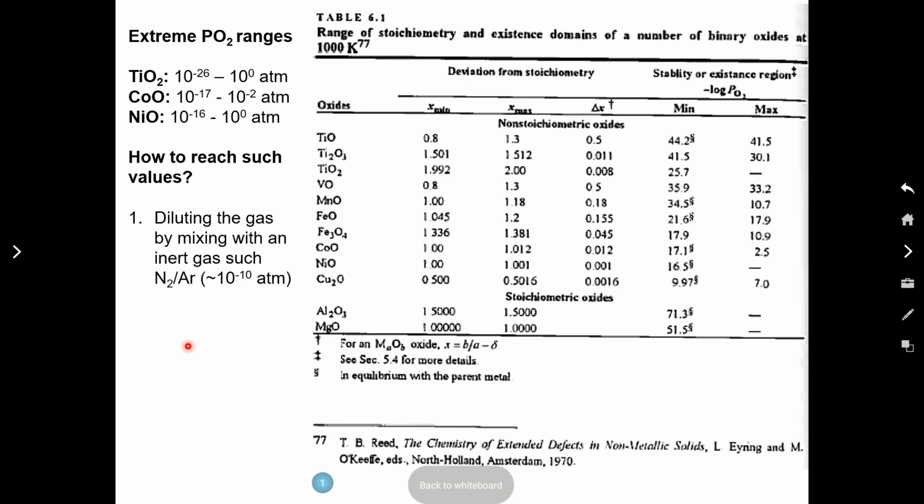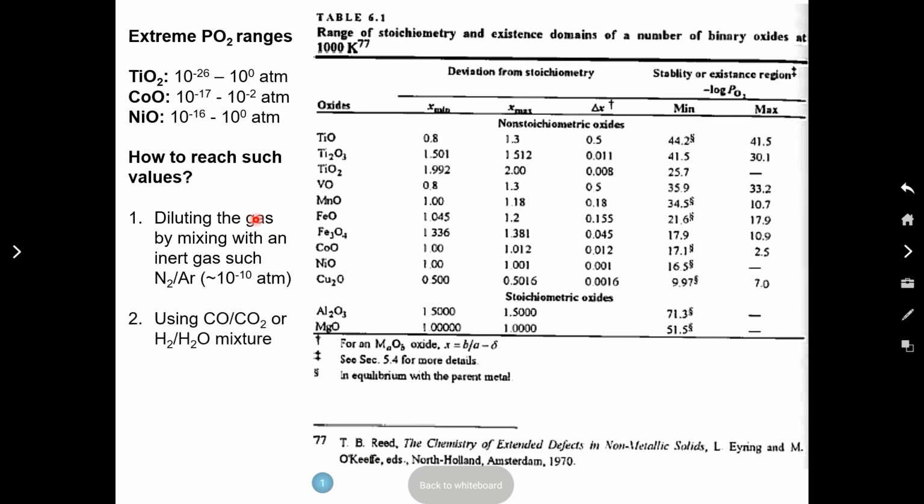Nitrogen has more. So I think you can dilute oxygen with high purity argon, but the best you'll be able to do is 10 to the negative 10. If you want to go to lower values, this is not good. So there has to be another alternative.